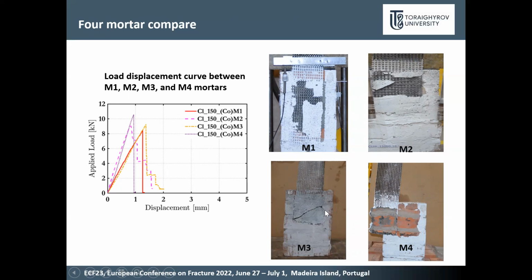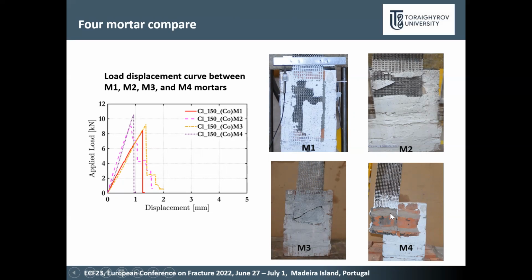However, when we change the mortar by just adding the basalt fibers, we can see how the failure mode changed cardinally. We see that we have a detachment with the substrate.